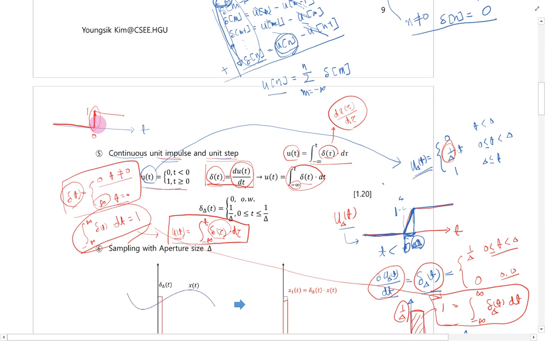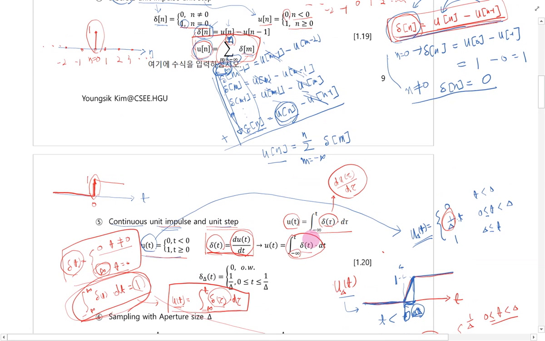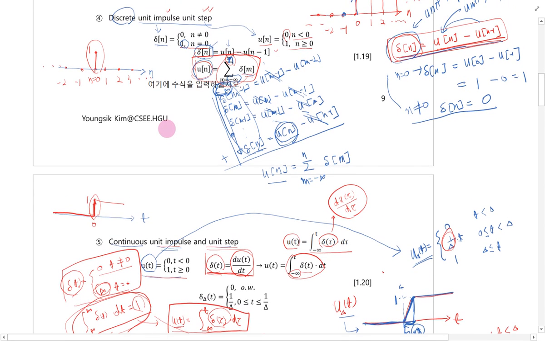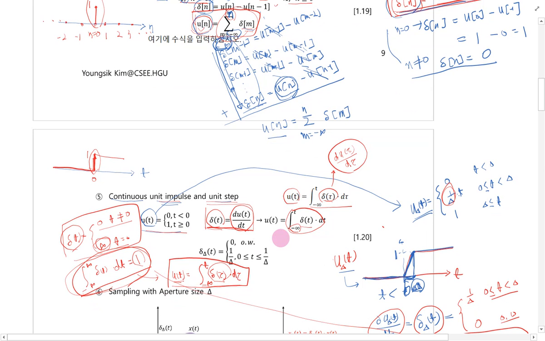Due to that, the impulse has an infinite value at t equals 0, but it satisfies the same conditions: taking the integration of the delta function over the whole time domain should give 1, and the time derivative of the unit step should equal delta(t). So that shows the similarity in the relationship between impulse and unit step, in sequence and function.